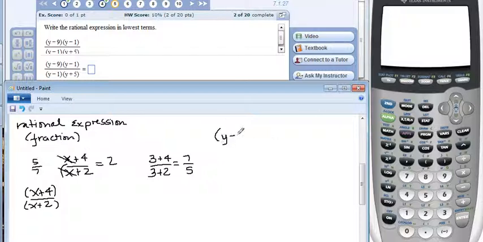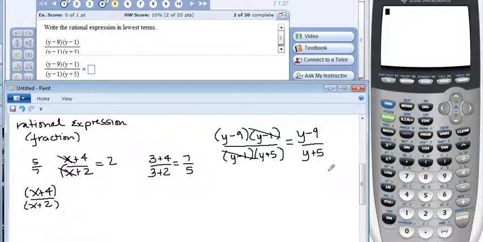So when I write this like this, as long as I have the entire set canceling with the entire set, I'm good to go. This y is on the inside as well as that one, so I have to leave those alone. There's my final answer. Done.